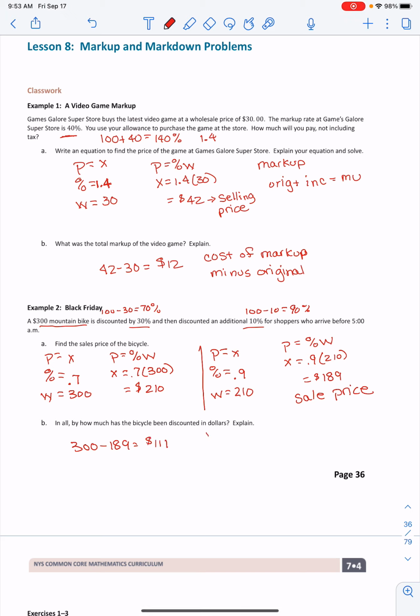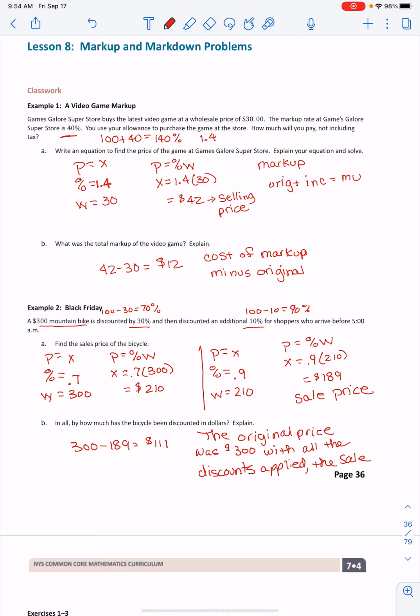So the original price was $300, and with all the discounts applied, the sale price is $189.